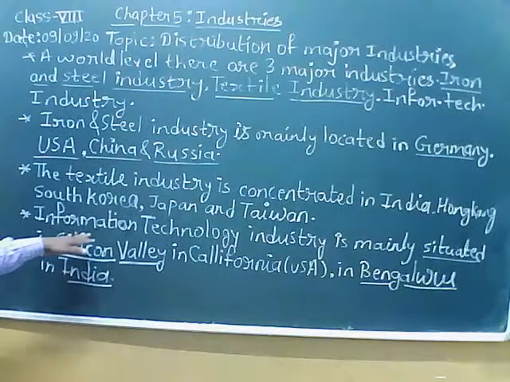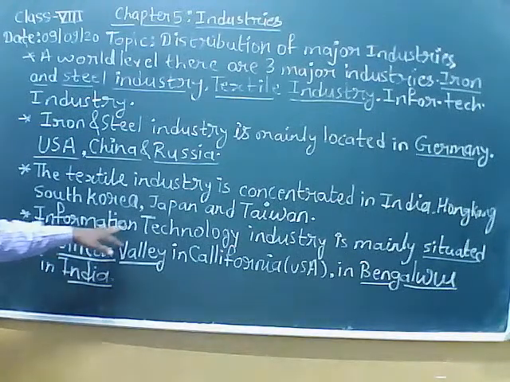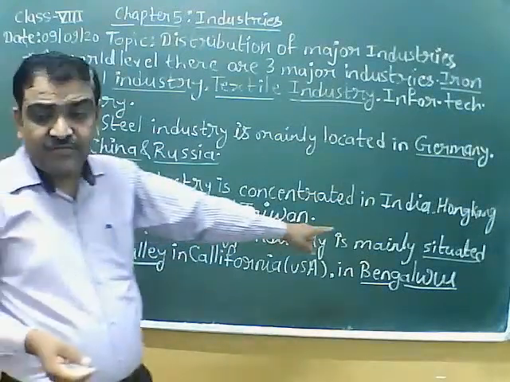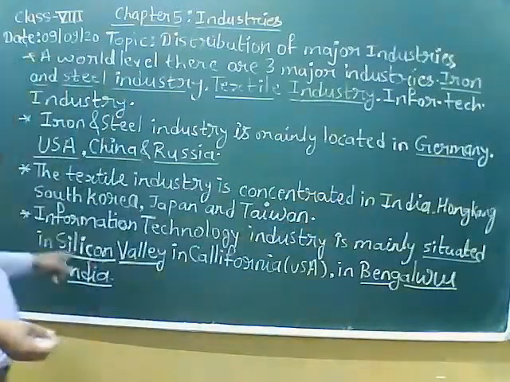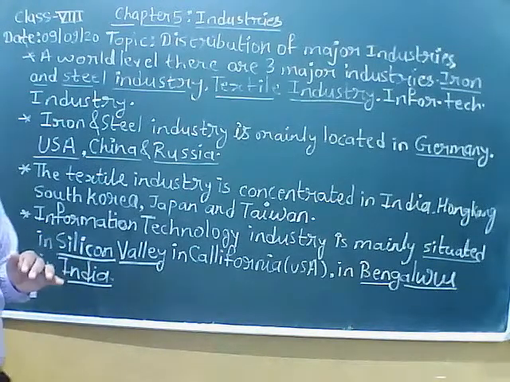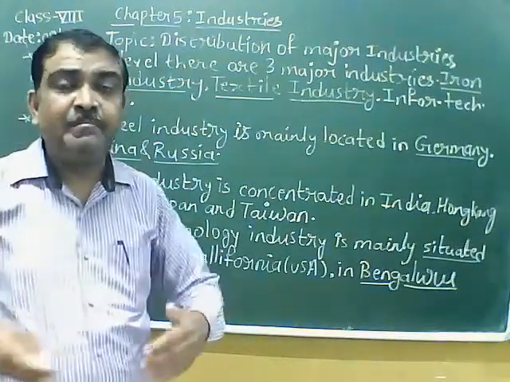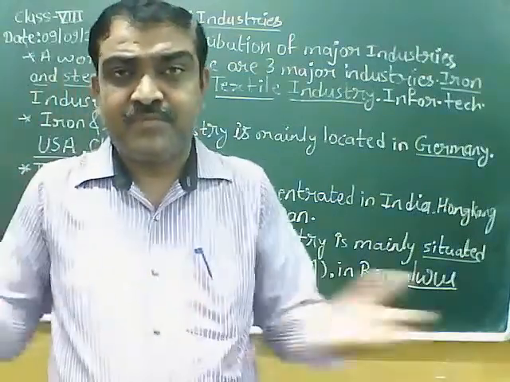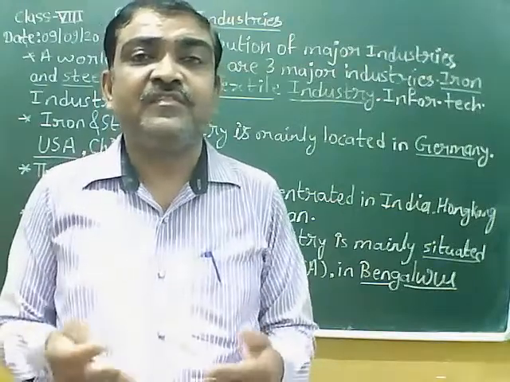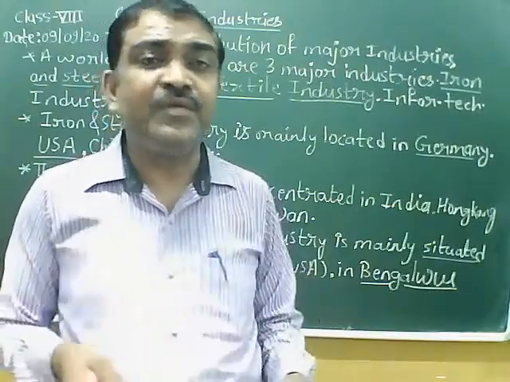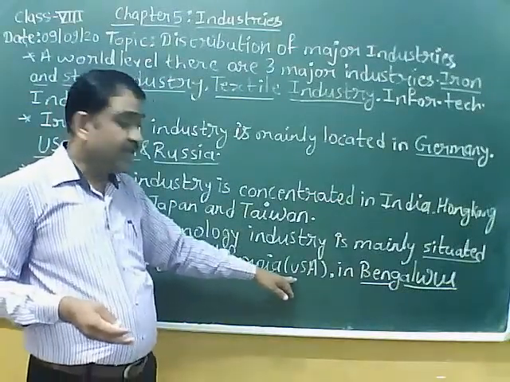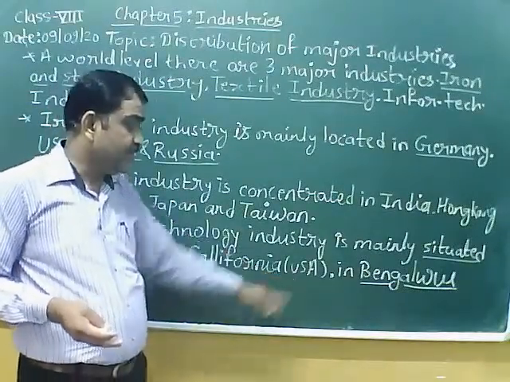Okay. Now the third industry is information technology industry. The information technology industry is mainly situated in Silicon Valley. Okay, it is basically a name of the place, big township. Nowadays, it is a big city itself called as a Silicon Valley. In California, California is the name of the state as well as a city in USA.